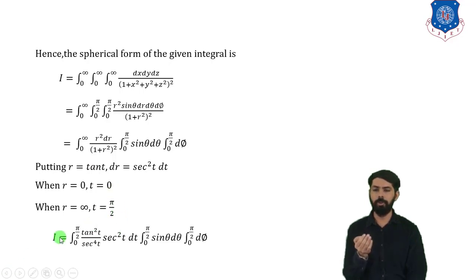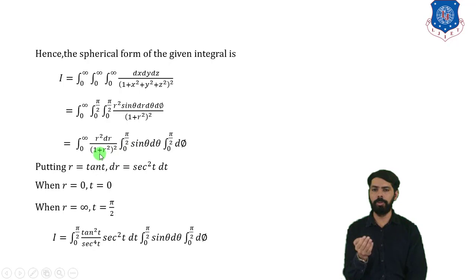Therefore, I equals integration from 0 to pi by 2, and here r is tan t, so it will be tan square t, and dr is sec square t dt, so it will be tan square t into sec square t dt whole divided by 1 plus tan square t whole square.